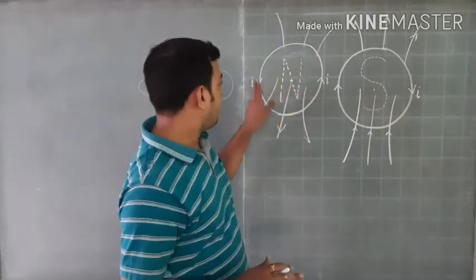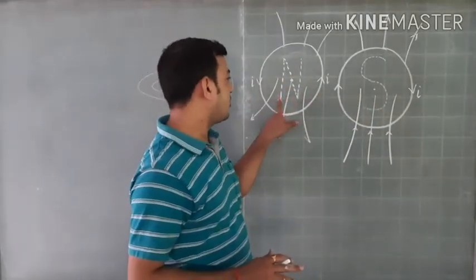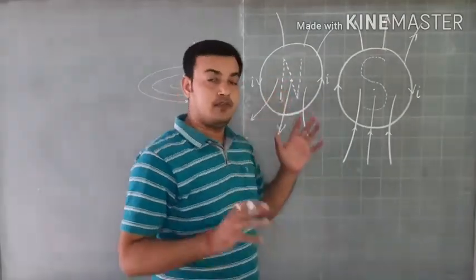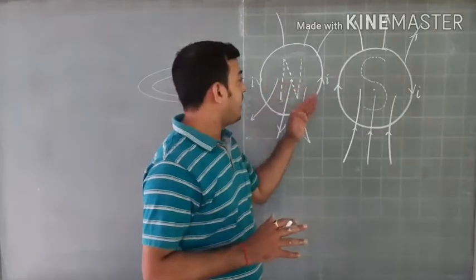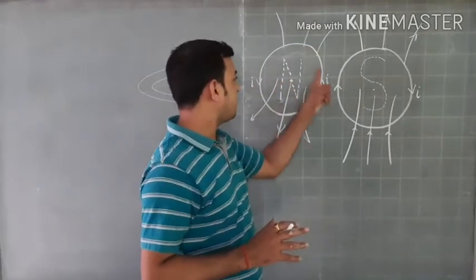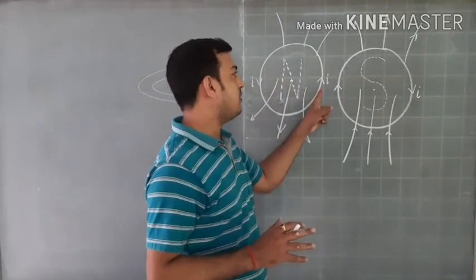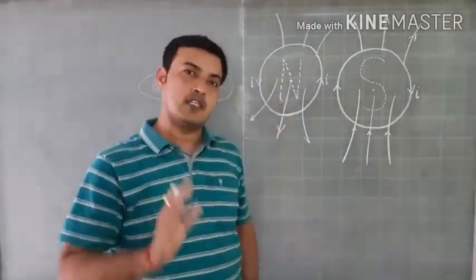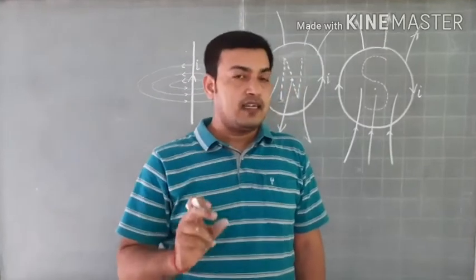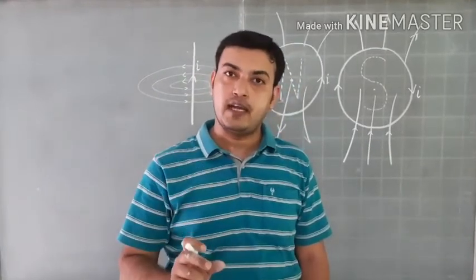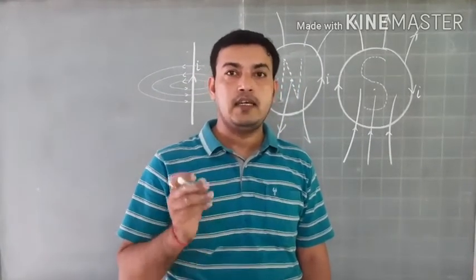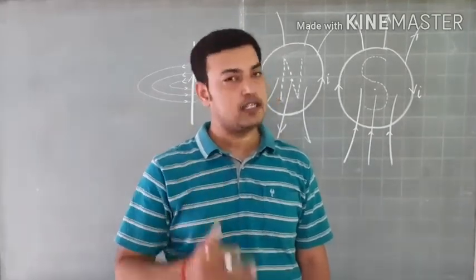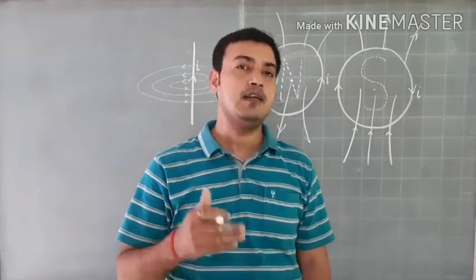Similarly, if the front face of this coil is behaving like a north pole, then for the back face of this coil, if you imagine it, the current will be in the clockwise direction, and that back surface will behave like a south pole. So a current carrying coil behaves like a bar magnet, and of the two faces, one behaves like a south pole and the other behaves like a north pole.